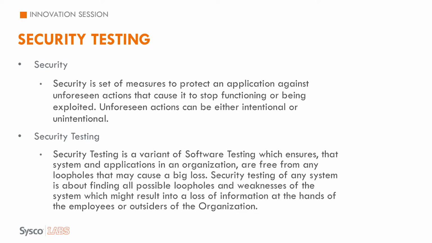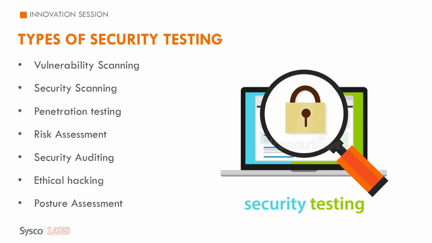So Zap is a tool that will let you understand this. It's basically a basic penetration tool. These are the types of security testing that are usually involved. There's vulnerability scanning, which is just to scan your application for all vulnerability issues, and security scanning is pretty much similar.